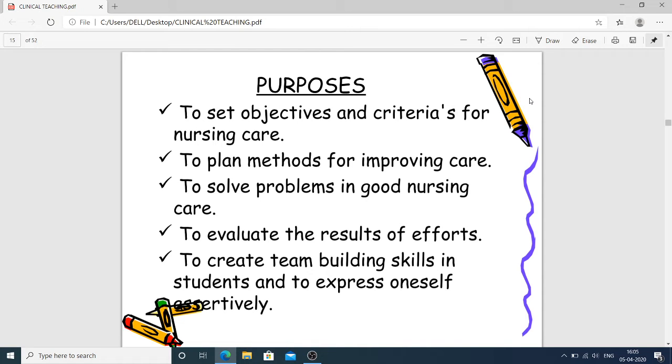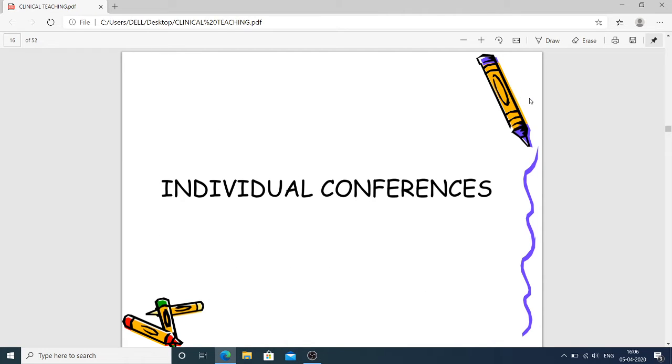Right? I think these points are clear to you. Assertive means the students are confident enough to express the skills which they learned in the clinical setting.